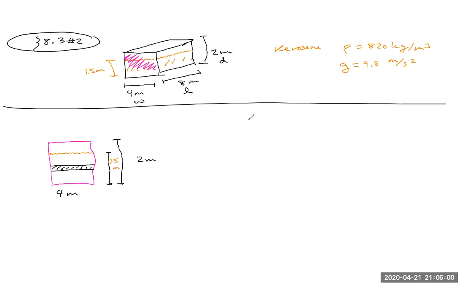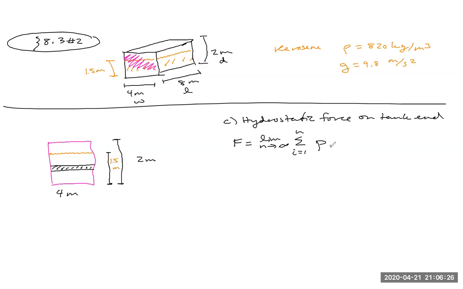Okay, so the formula we'd be using for the force: set up your Riemann sum first. Limit as n goes to infinity, sum i equals 1 to n, and we have the pressure on the ith strip times the area on the ith strip.